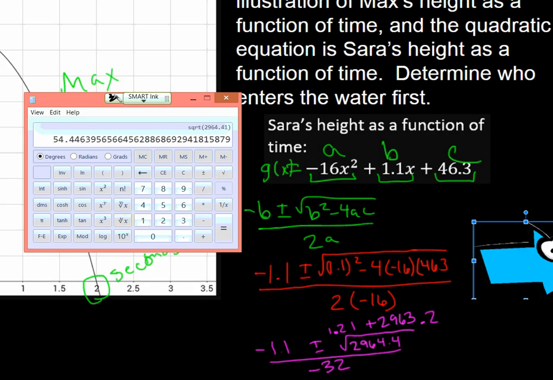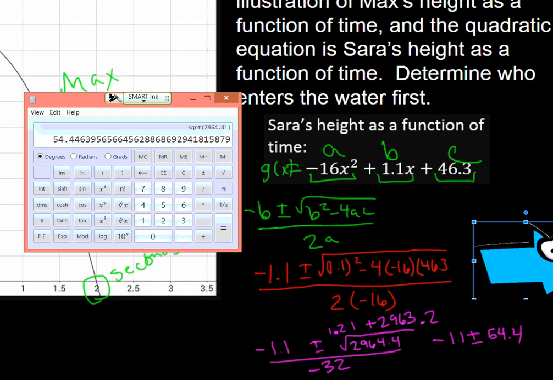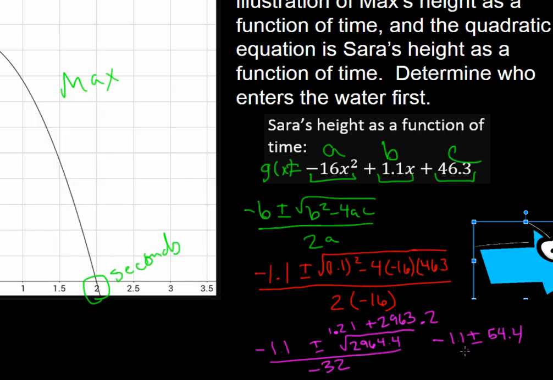All right, so we get negative 1.1 plus or minus 54.4. Let's double check that. Yep, all over negative 32.